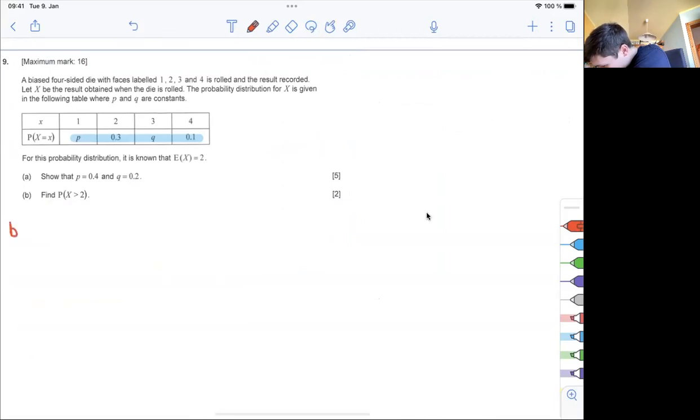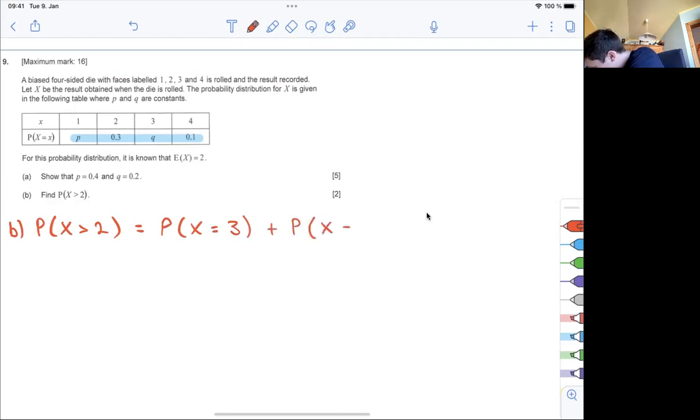If we're finding the probability that X is greater than 2, and we have here a discrete random variable, that means the two possibilities that we need to consider are the probability that X is equal to 3, plus the probability that X is equal to 4. We can quite easily get that from the Q, which was 0.2.